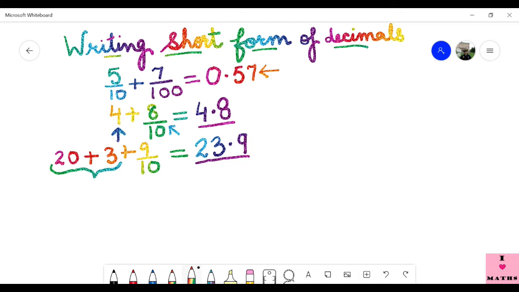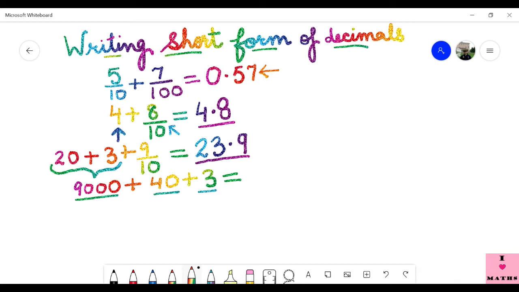Now, suppose we have an expanded form like this: 9,000 plus 40 plus 3. Here we have 9,000 but no hundreds, 40 and 3.